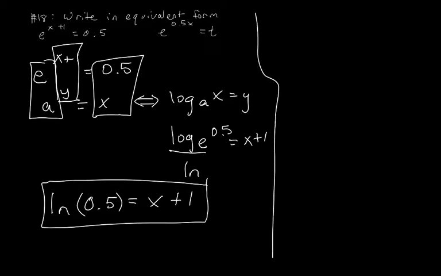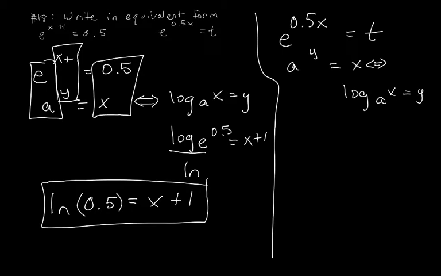Alright, doing a similar problem, we say e to the 0.5x equals some t. And then we say, okay, well, a to the y equals x if and only if log base a of x equals y. So we match.